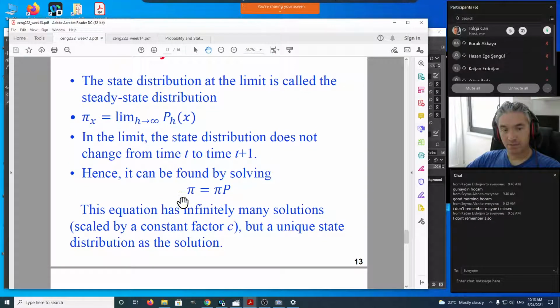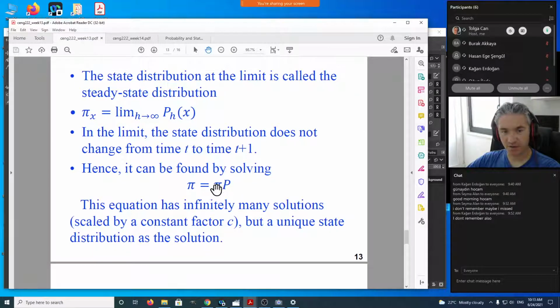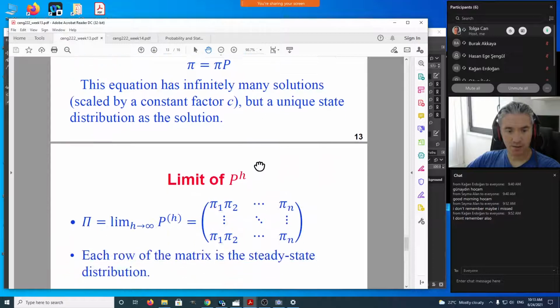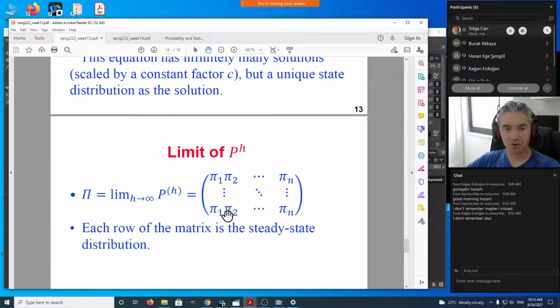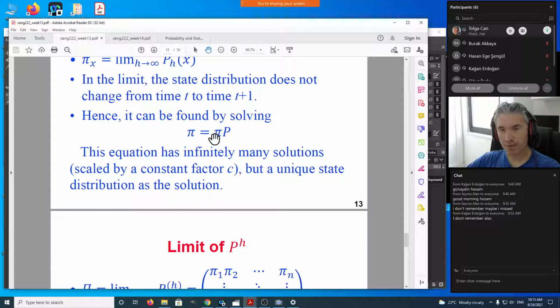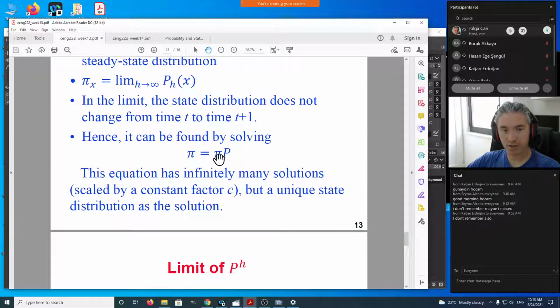In these large graphs, when you have 10 million web pages, solving this equation may be a really difficult thing to do. Here in the book, the example shows this solution could be found by solving a system of linear equations. But another solution that I mentioned earlier is to make use of simulation.